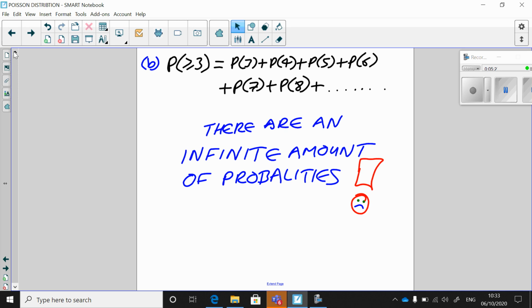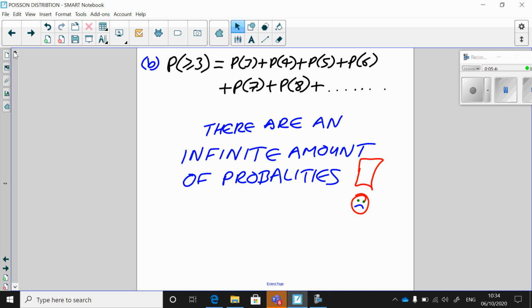Yeah, I just contradicted myself. They're saying there's an infinite amount. There's not really, it's just that there's an unknown upper limit. And infinity is just a concept, it's not a definite place or number.